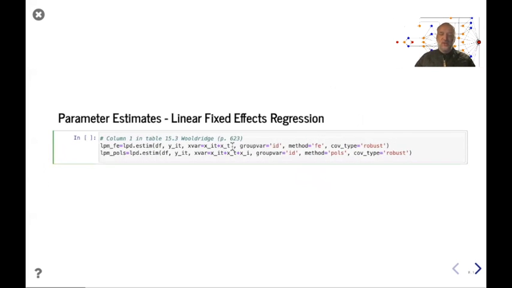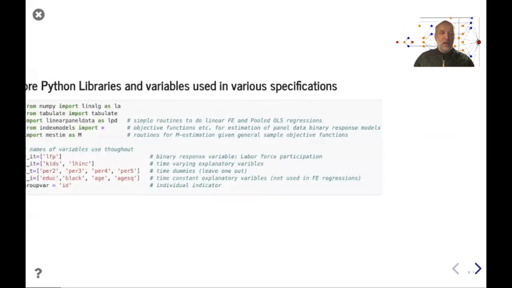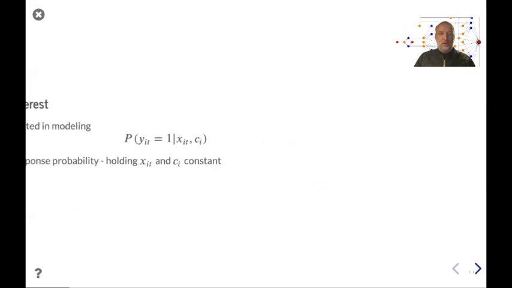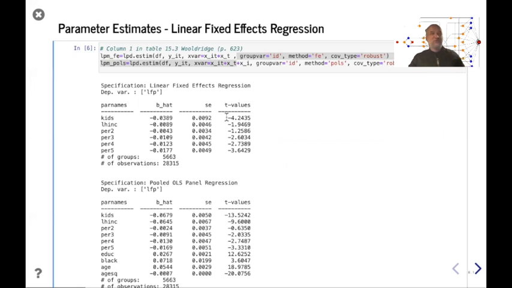Why don't we try to see if we can estimate this model? So here are the results. What I'm doing here is relying on this library I call LPD, for linear panel data models, that I talked about in the beginning.